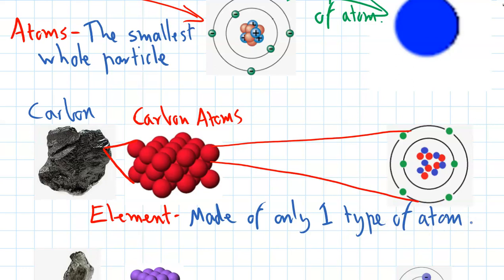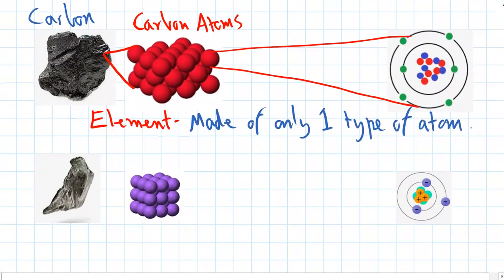Remember that the periodic table lists all the different chemical elements, and there's 118 of them. So there's 118 different materials that are made up of just one type of atom. So there's carbon, you can have pure oxygen, that's an element. You can have sulfur, you can have sodium. Every element on the periodic table can exist in its elemental form, we call it.